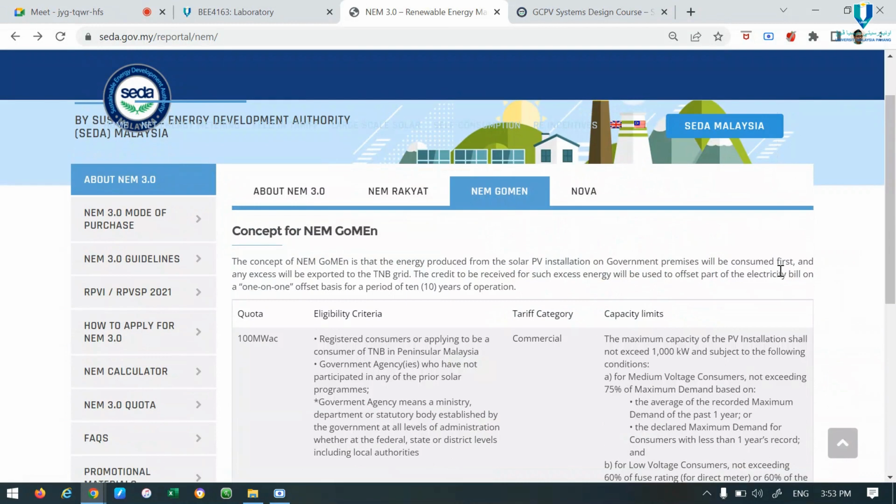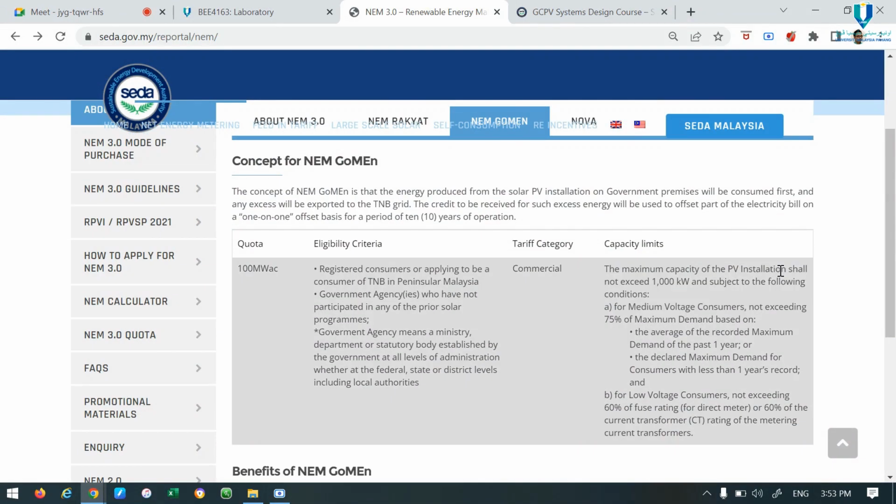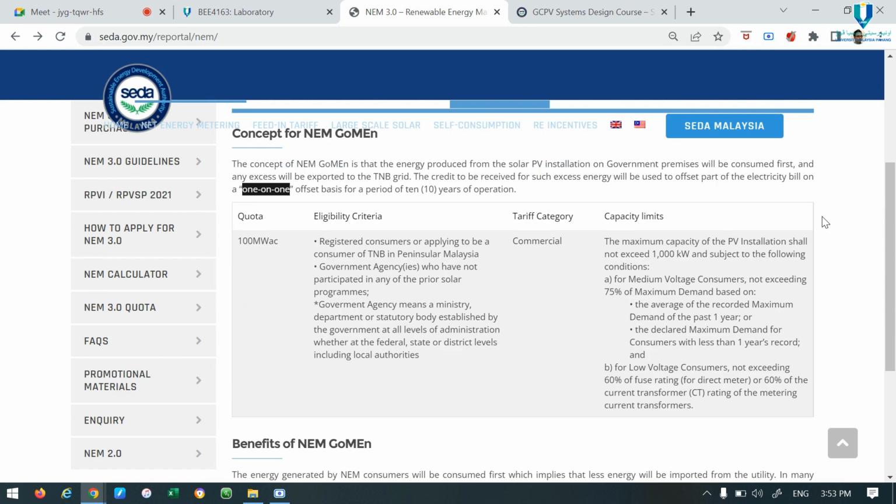The Rakyat one from earlier, and then for the new government, let's go to new government first. New government is still one on one, but the maximum capacity is for commercial. NEM Rakyat is for residential or domestic rate.